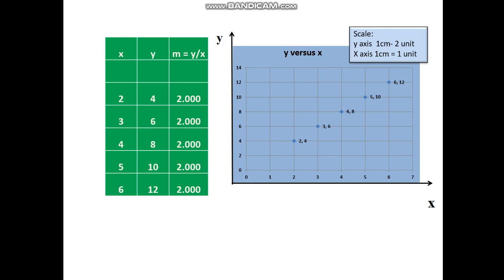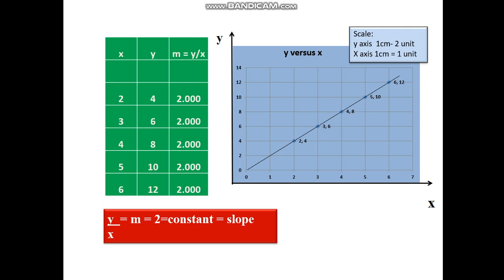Let us join these points by a line, and we see that this line passes through 0, 0, the origin. The equation of the line, y upon x is equal to m, is 2, which is constant, and that is called the slope.